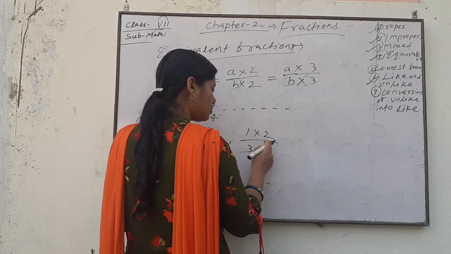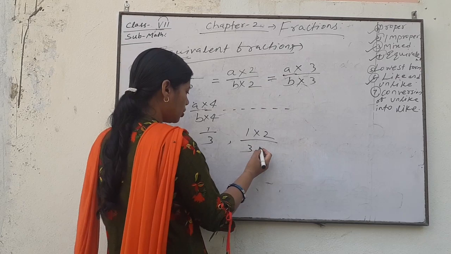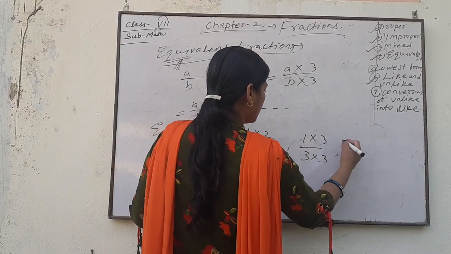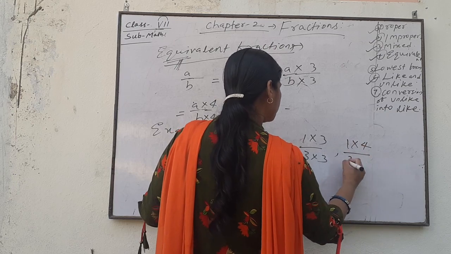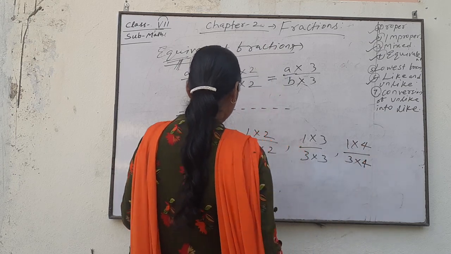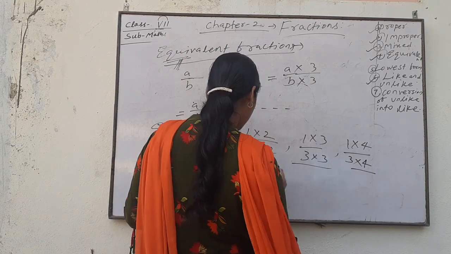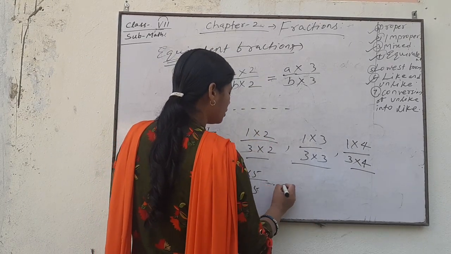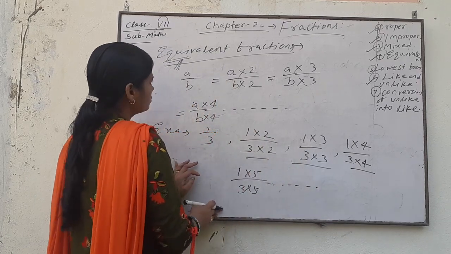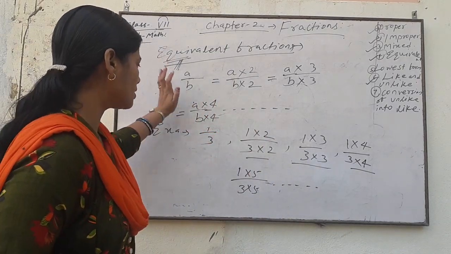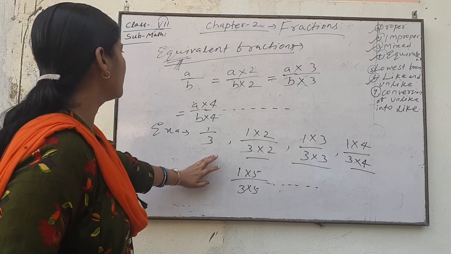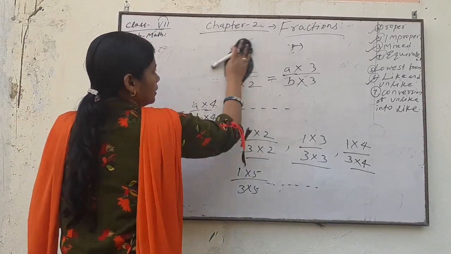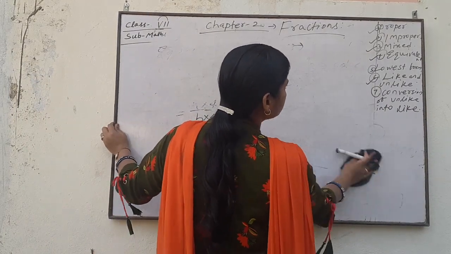The same number you multiply in both numerator and denominator. 1 multiply 4. 1, 2, 3, and then in this way you can find any number of equivalent fractions of 1 by 3. So these are your equivalent fractions.